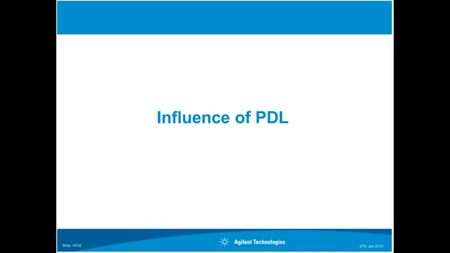But also, if you look at PMD compensators, which are using the degree of polarization as a feedback, it turns out that you want to look at PDL problems and see if there's something you should consider.